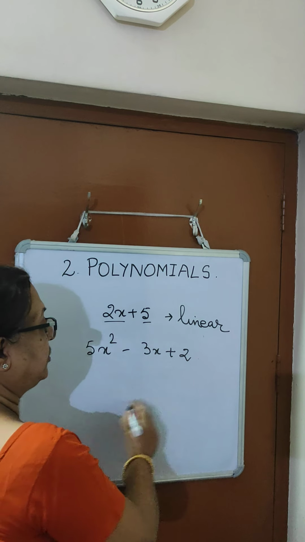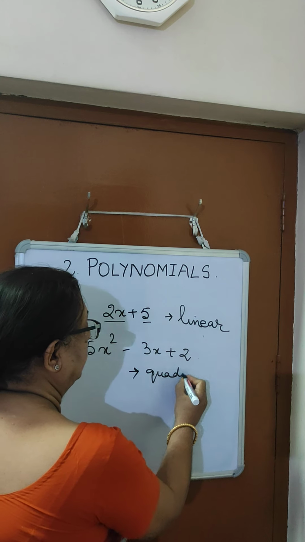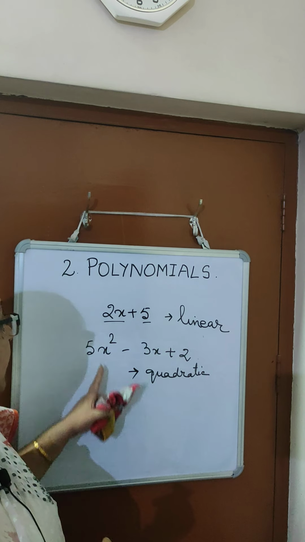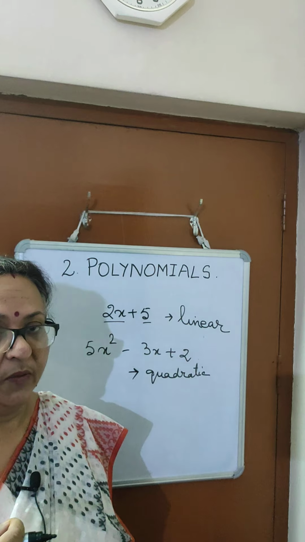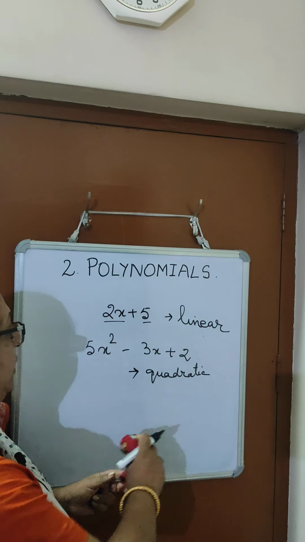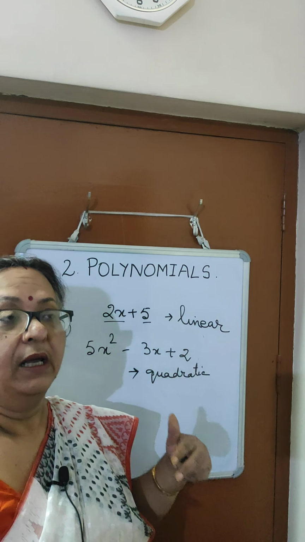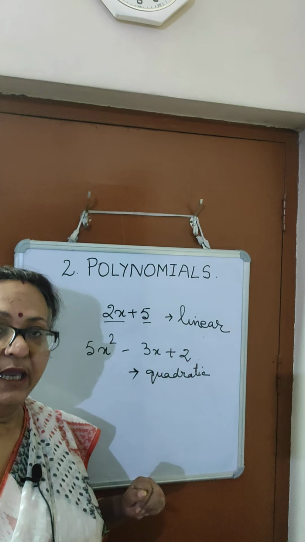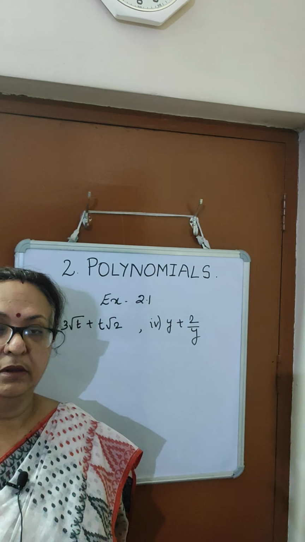If the degree is 2, we call it quadratic polynomial. Similarly, if the degree is 3, we call it a cubic polynomial. Okay, understood children? So, these are some basic concepts which you need to know to solve your exercises. Okay, so children, now let's move to exercise 2.1.